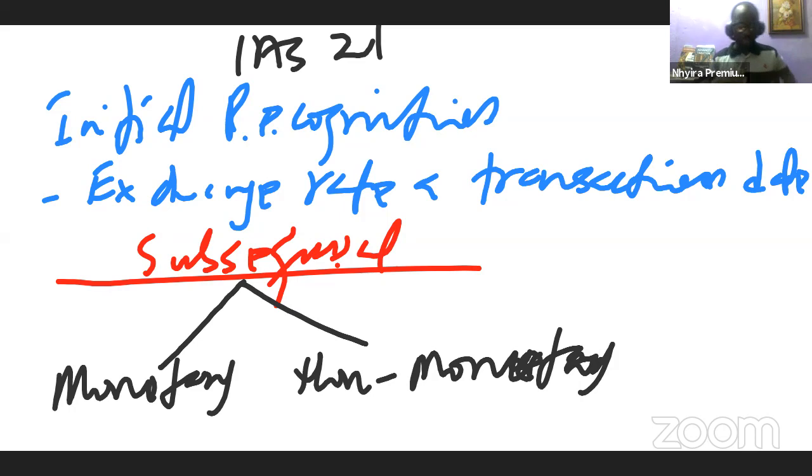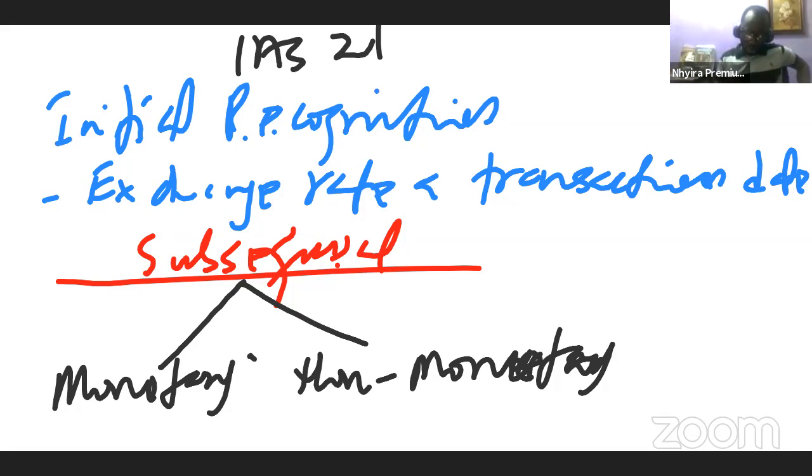Now, when we talk about monetary items, we are referring to things such as trade receivables, trade payables, cash and cash equivalent. These are monetary items. But non-monetary items are assets, okay, so tangible assets, fixed assets, or inventory. All of those are non-monetary items.